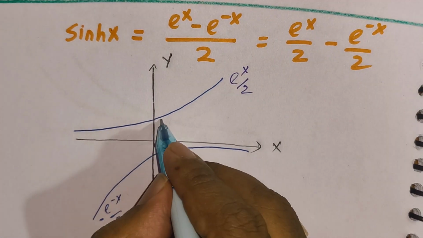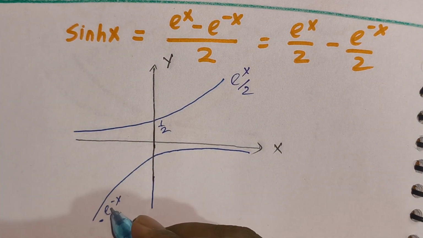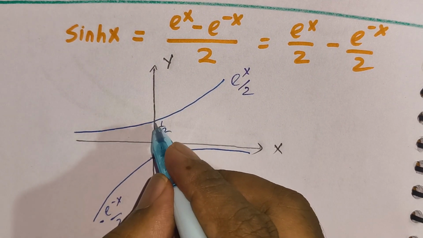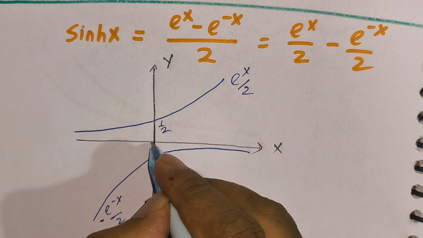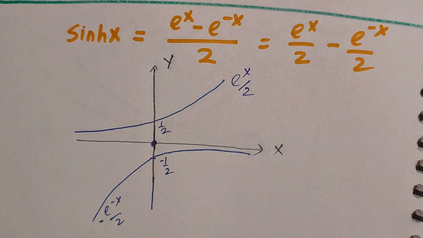Now we want to add these two graphs. This is half at 0, this is 1 over 2. At 0, this will be e to the power minus 0, 1 by 2, minus half, so this is minus half. And when you add them, half minus half, this will be 0. So sine hyperbolic will go through the origin.